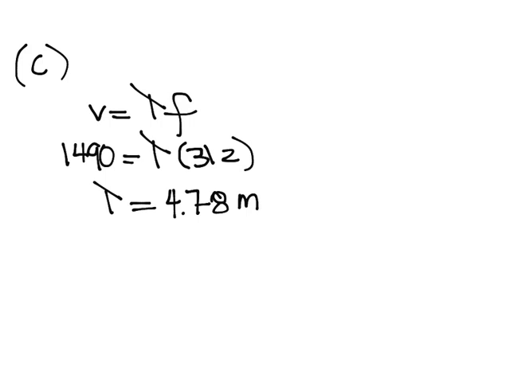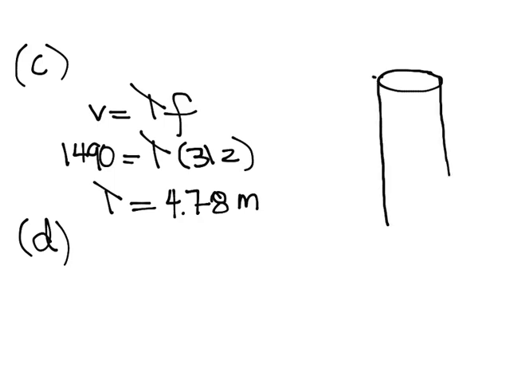D says that the water level is lowered, and so we hear a third resonance, and we want to know what is L3. So as I said, we don't know exactly the shape of the wave when it is on its boundary with the water, but we know that for each harmonic we're adding half of a wavelength.